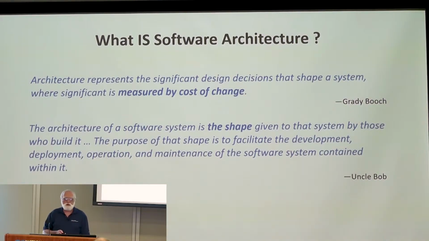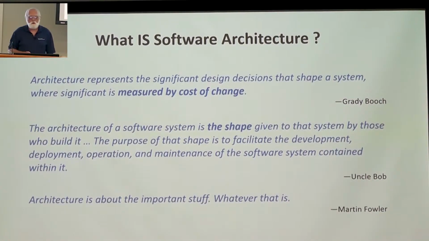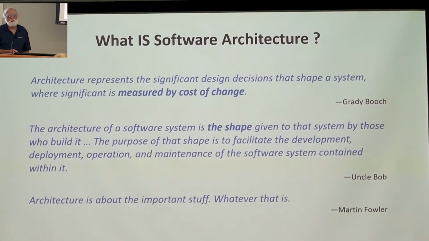The purpose of that shape is to facilitate the development, deployment, operation, and maintenance of the software system contained within it. And if you think that's too long, you can use the last one by Martin Fowler. Architecture is about the important stuff, whatever that is.